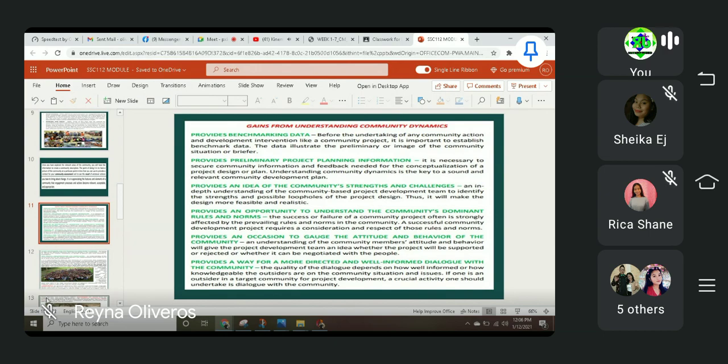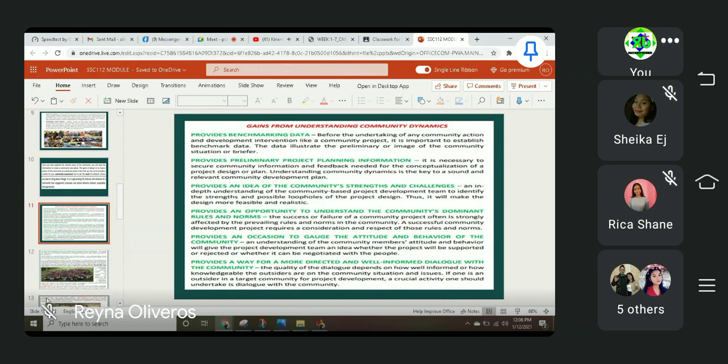Okay? So, it is necessary to secure community information and feedback needed to conceptualize the project design or plan. And understanding community dynamics is the key to a sound and relevant community development plan. Okay? Then, number 3, it provides an idea of the community's strengths and challenges.